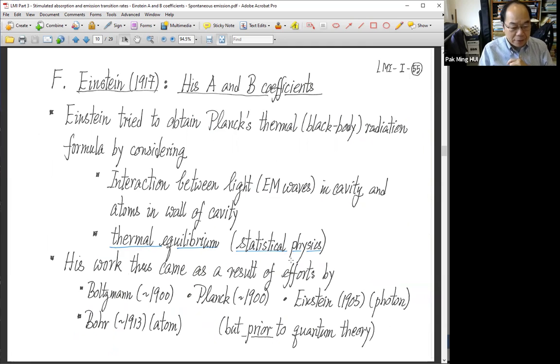Why we want to do that? The reason is that we have this stimulated absorption formula and stimulated emission formula. But there is a process that is rather embarrassing for Schrödinger quantum mechanics, which is the phenomena of spontaneous emission. We know well that if an atom is in an excited state, you don't do anything to it, it will not stay there. It will decay to a lower energy state, for example, by emitting a photon.